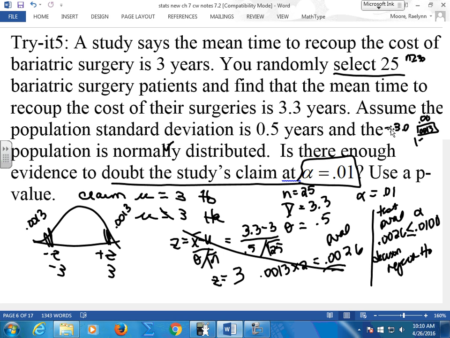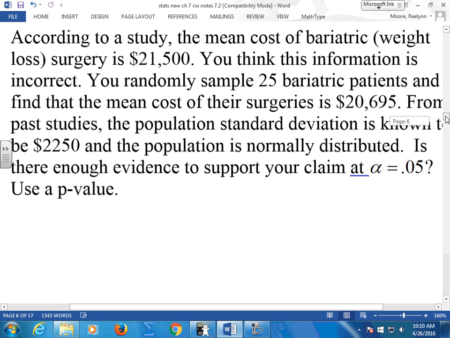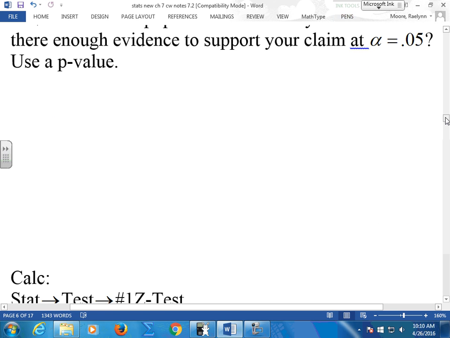Let's have you do, on 374, 17 and 18. You're going to use your calculator to make a decision.